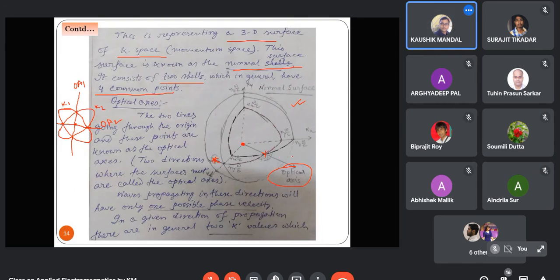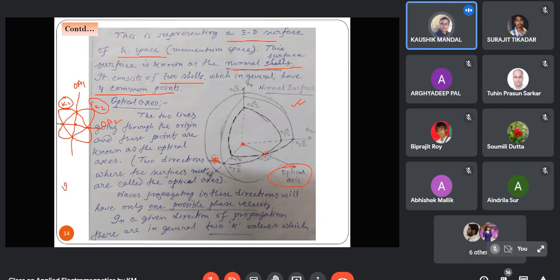How? Say, as I mentioned, for one shell the wave vector is represented by k1, for the other shell it is represented by k2. We know k equals omega by c times n cap. Now, what about the phase velocity? Phase velocity is inversely proportional to k.